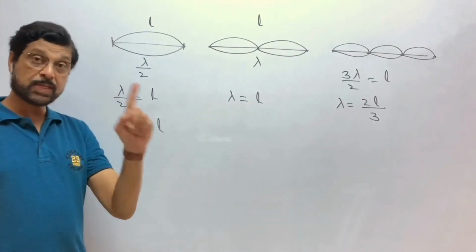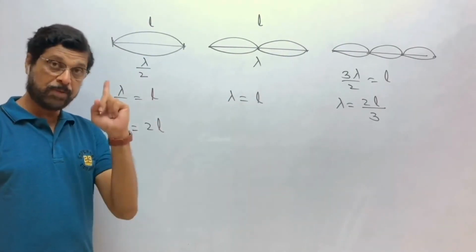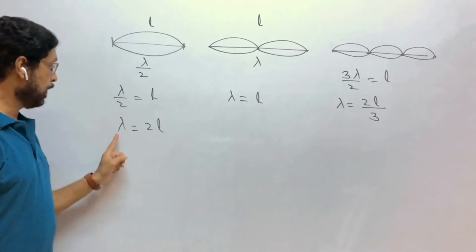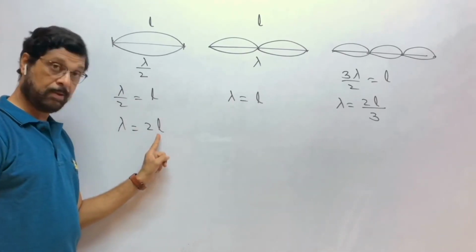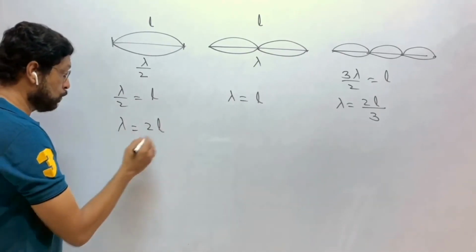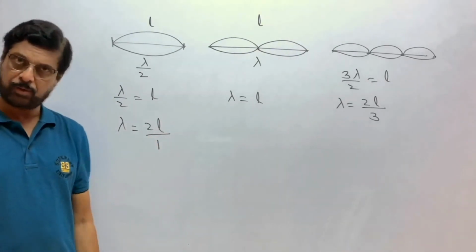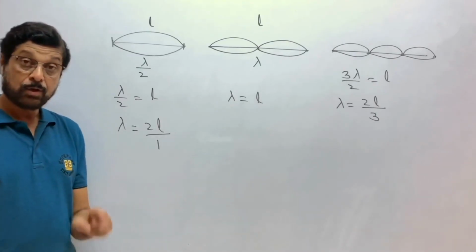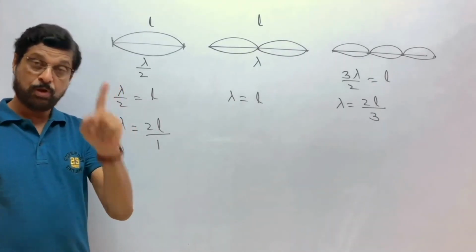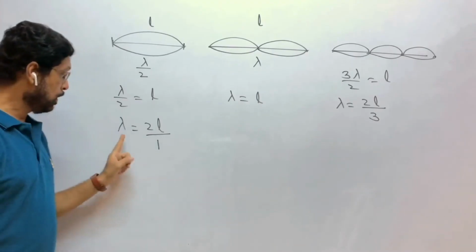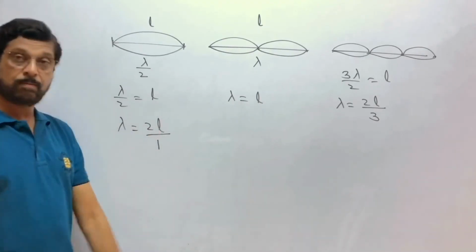So for the first harmonic, formation of one loop, lambda is equal to 2L, or you can say 2L by 1. So for one loop, for first harmonic, lambda is 2L by 1.